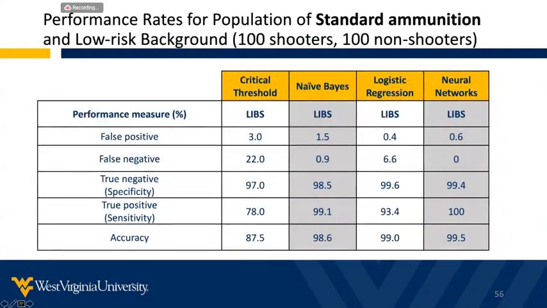To give an example of how that can improve the accuracy, when we use only the population from standard ammunition, here in this case we have 100 shooters and 100 non-shooters for about 500 samples in total. The specificity, sensitivity, and accuracy are significantly improved, now ranging from over 87 to 99% accuracy. Not bad at all for a screening method.